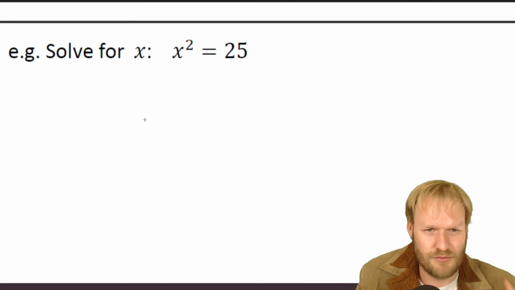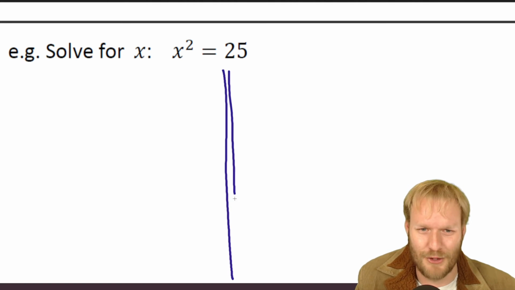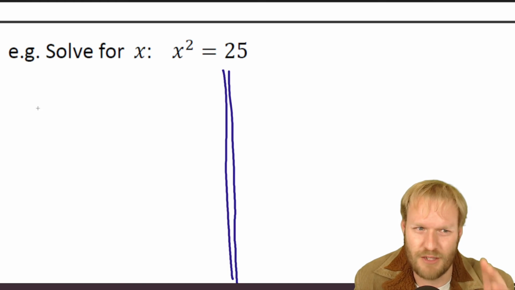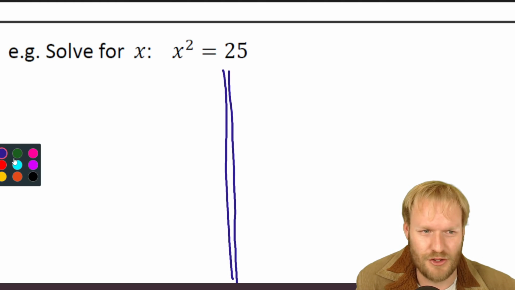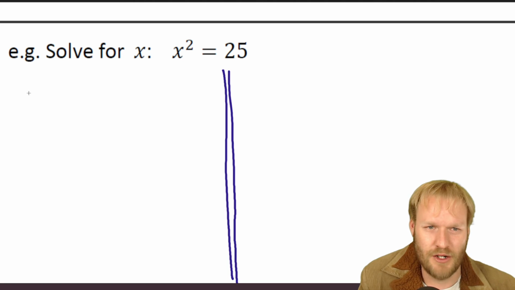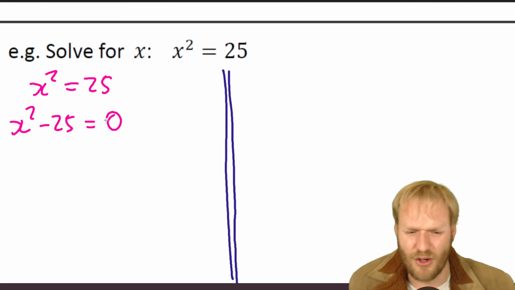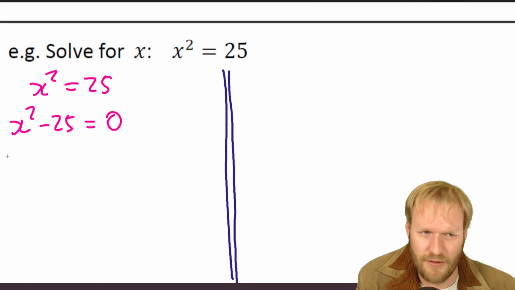Okay, I'm going to draw a line on the page here, and I'm going to go for the method we've just been doing. We've got x squared equals 25. We want to rearrange so we've got everything on one side equals 0. Then we factorize.